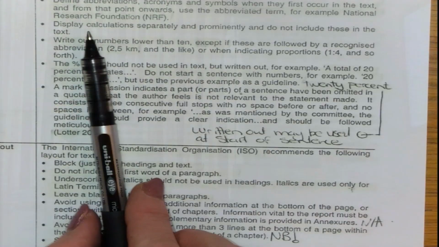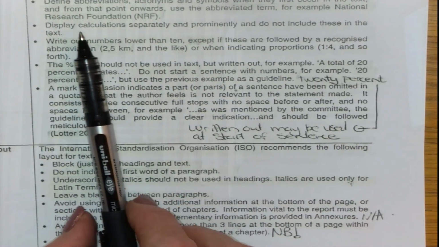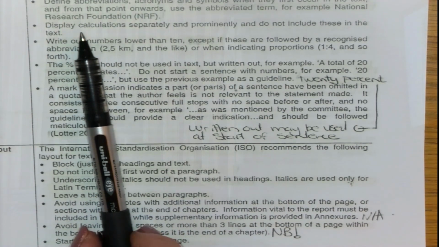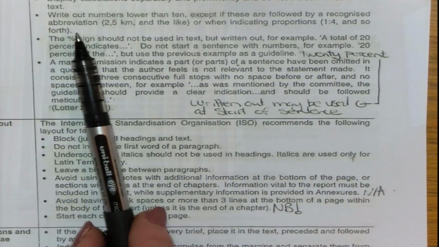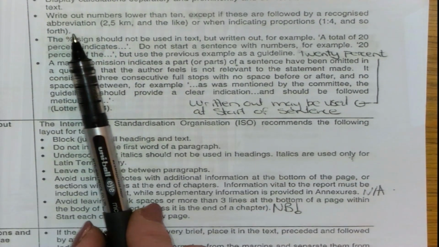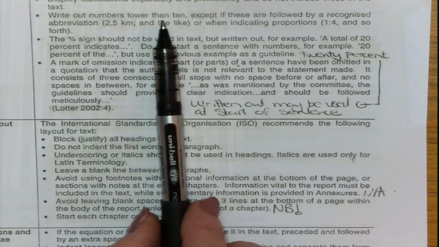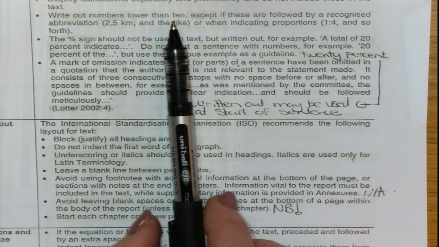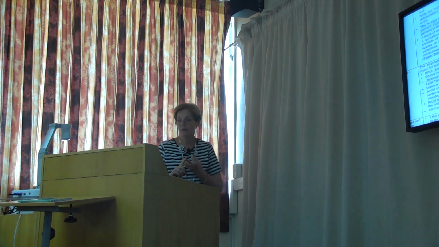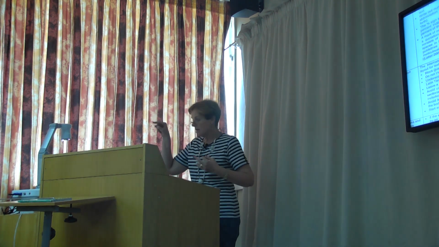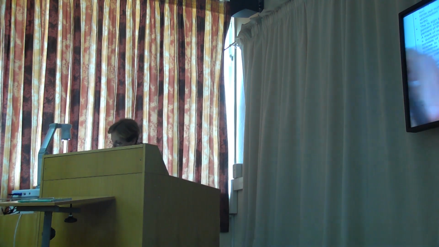Display calculations separately. We are not having that many or that often calculations. Another rule, write out numbers lower than 10. It means 1 to 10. You must always write out in words. Okay, so you write O-N-E, you must not write 1.